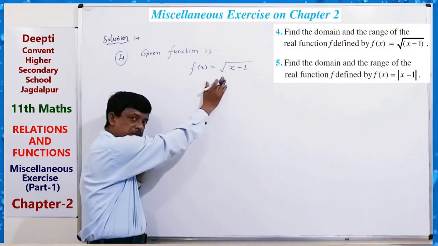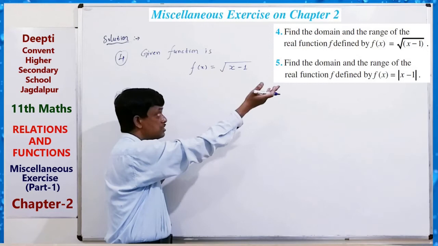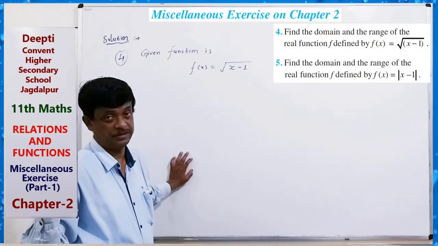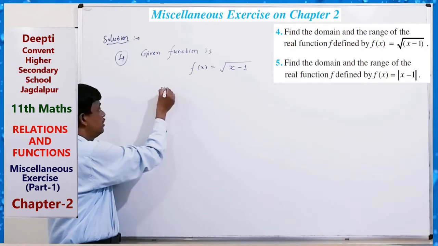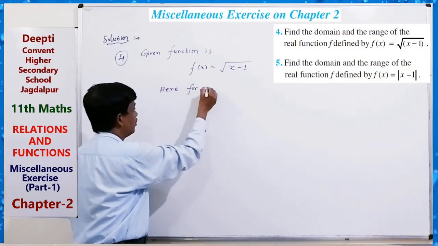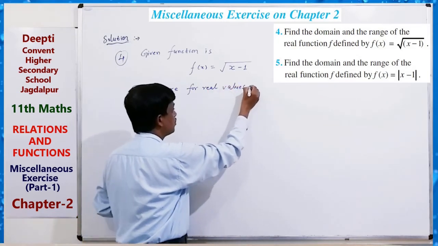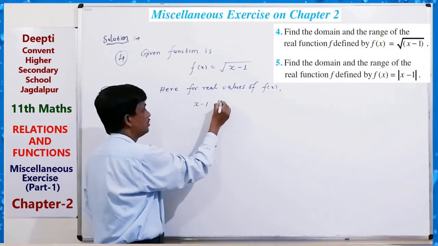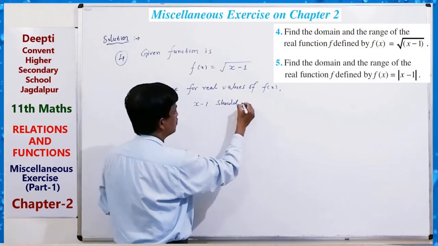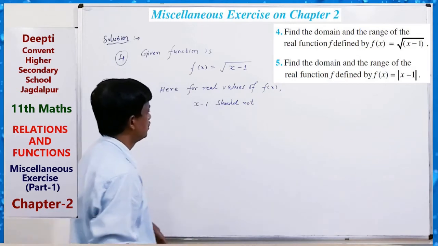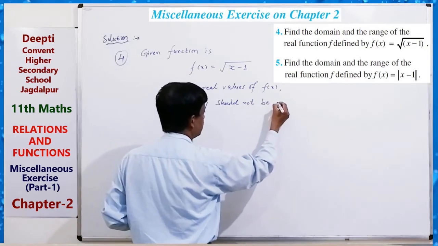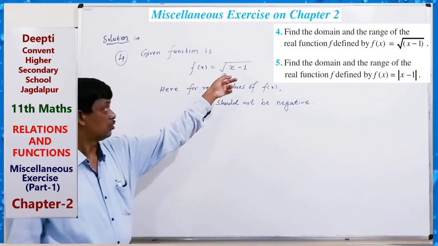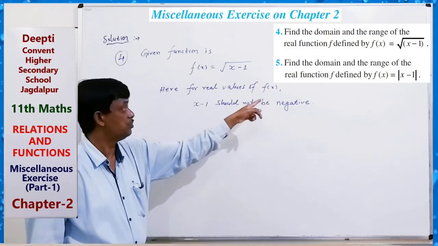For real values of f(x), x minus 1, the quantity under the square root, should not be negative.